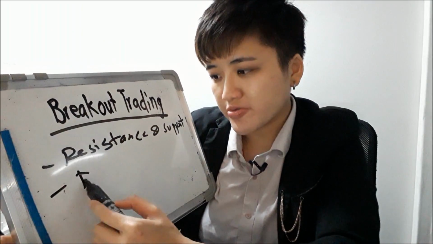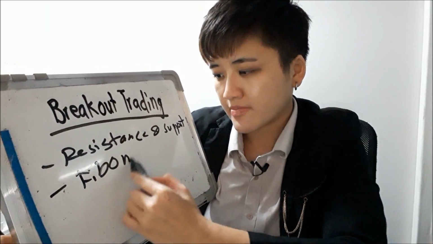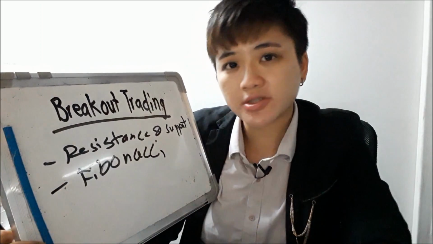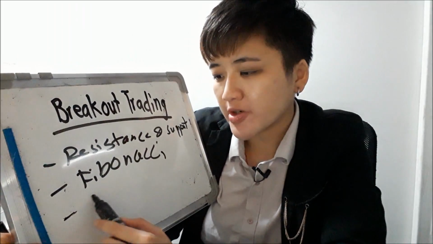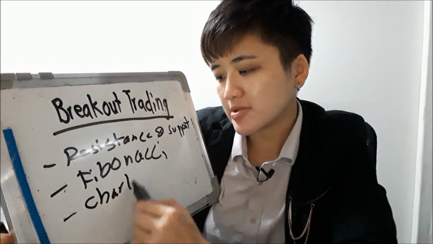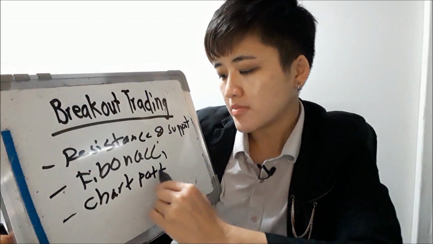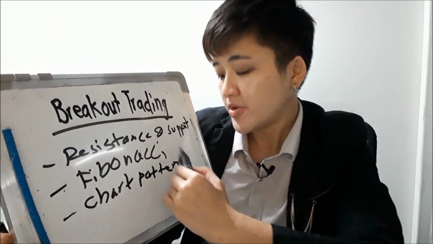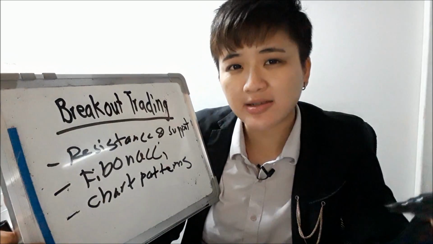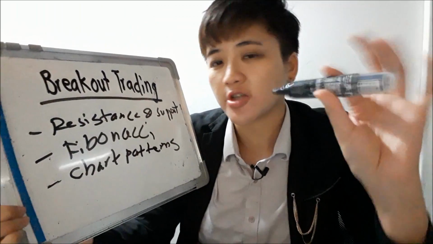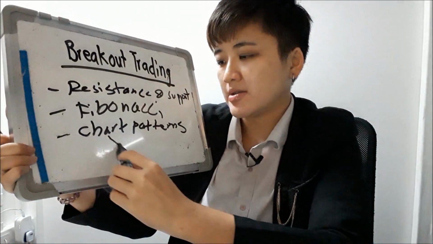Then some people would trade breakouts from Fibonacci levels. Some people will also trade breakouts from chart patterns. Okay, for example, you have a breakout below a descending triangle, then traders would short. For example, okay, descending triangle.